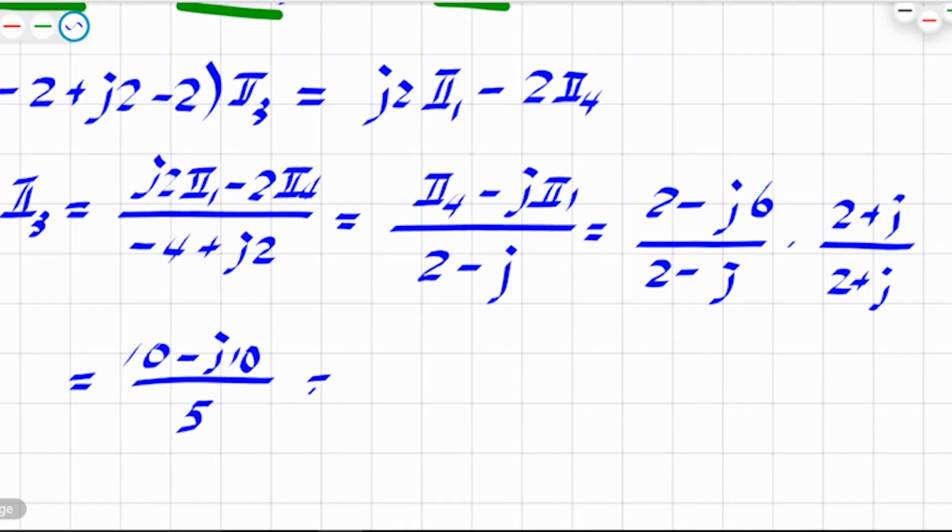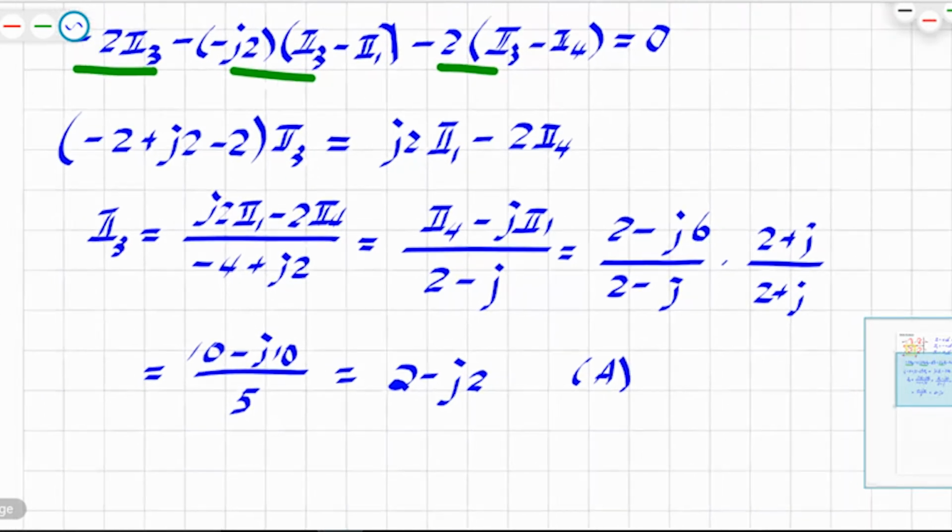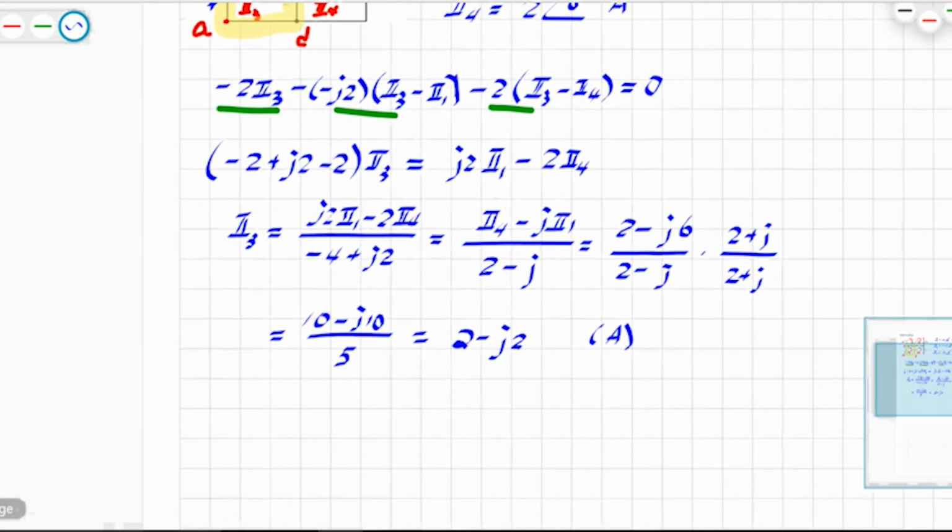So that boils down to 2 minus J2 ampere. After that point, we have found the current I3.